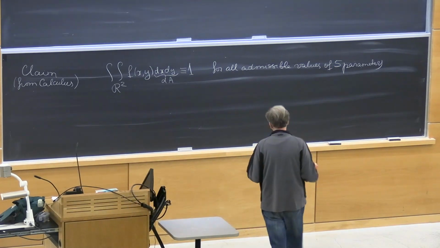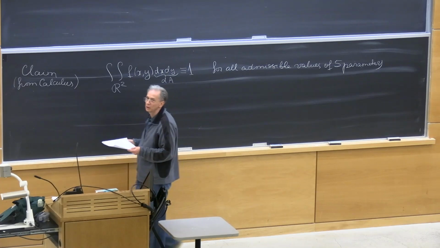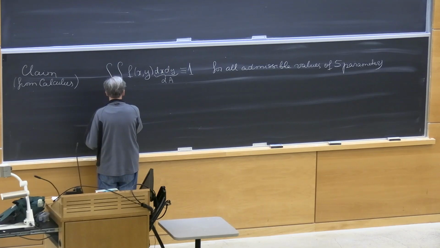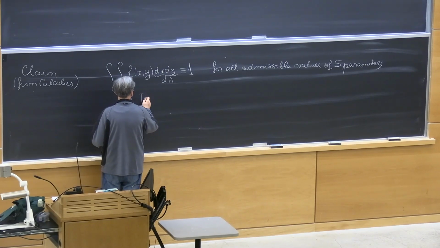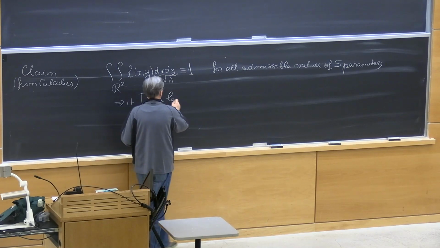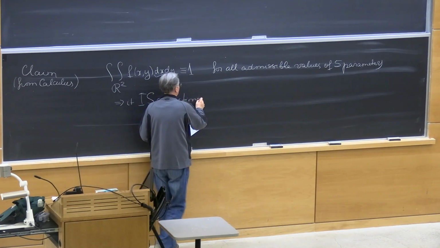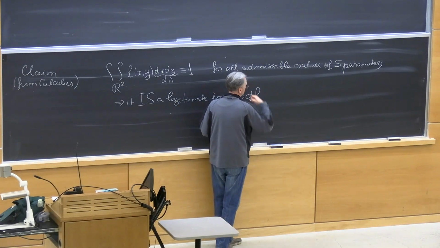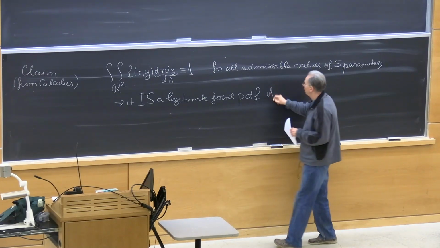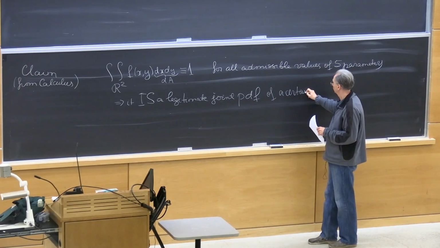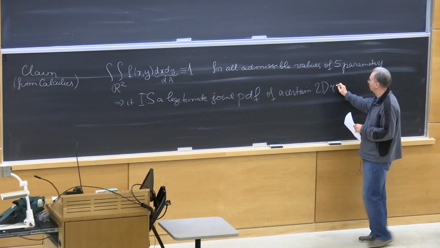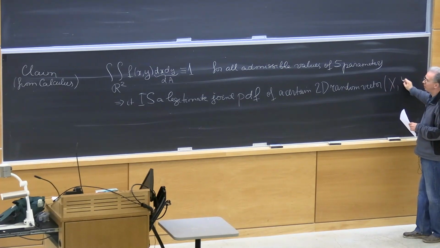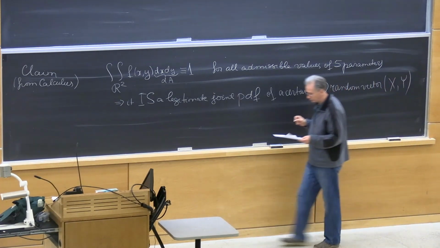So therefore, we are okay, and we got a legitimate joint PDF, and so it's a joint PDF of a certain 2D random vector, capital X, capital Y. Okay?